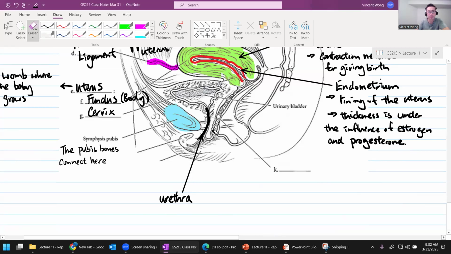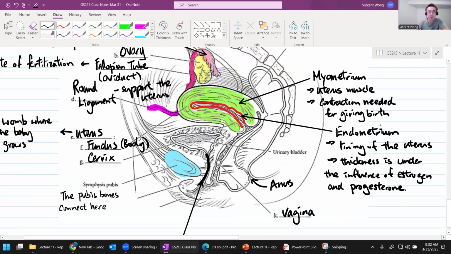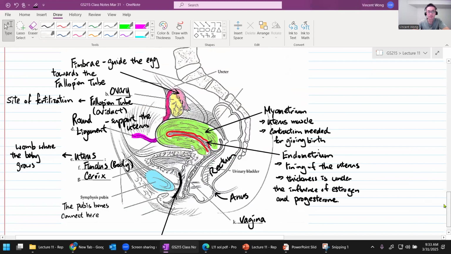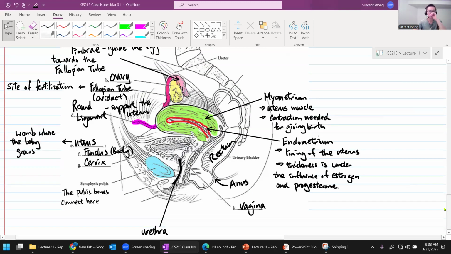Over here, that's the vagina. This is the anus, just for reference. And this would be the rectum. Don't worry about the other ones. That's everything. Any questions?